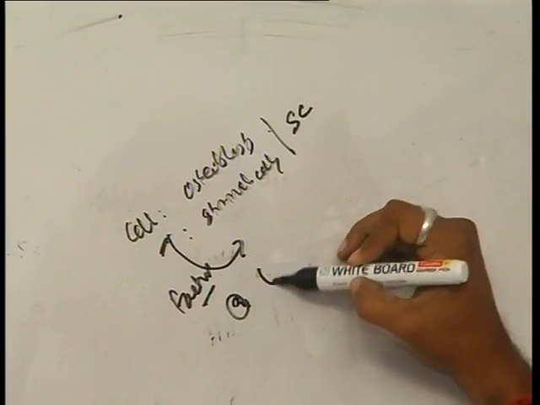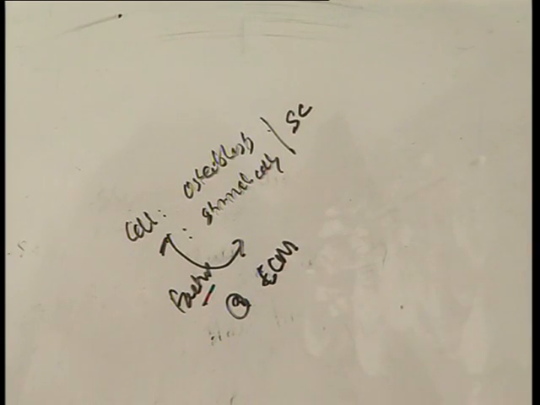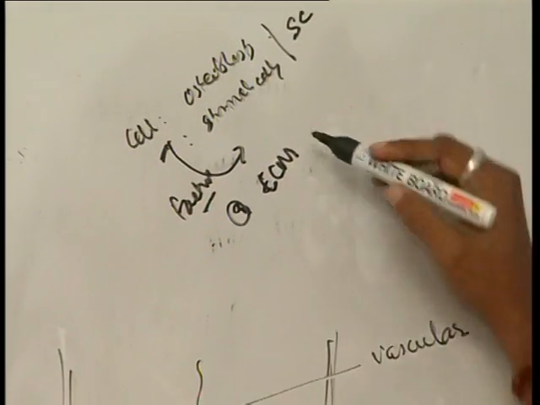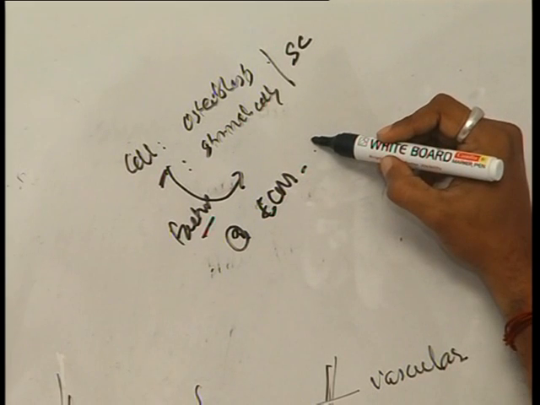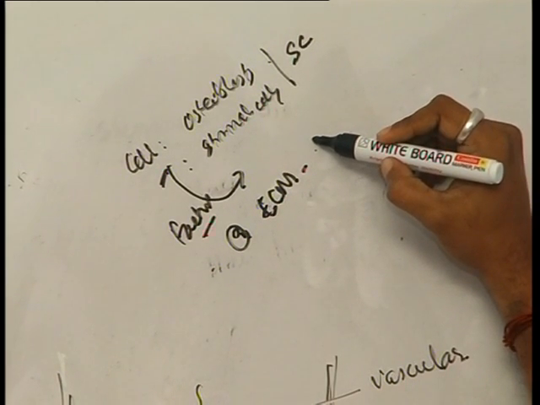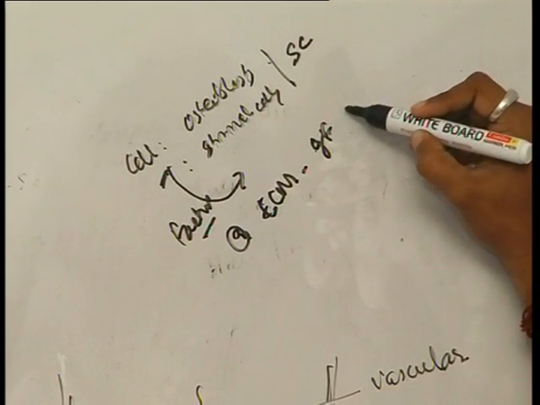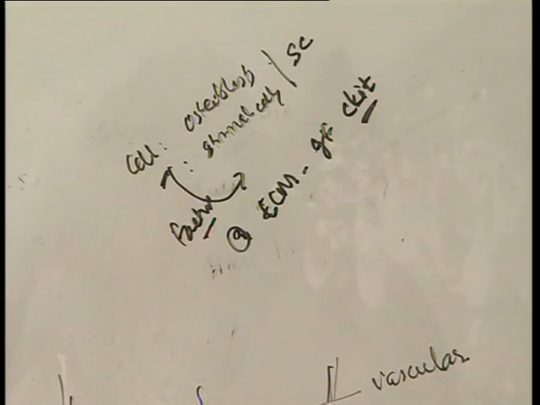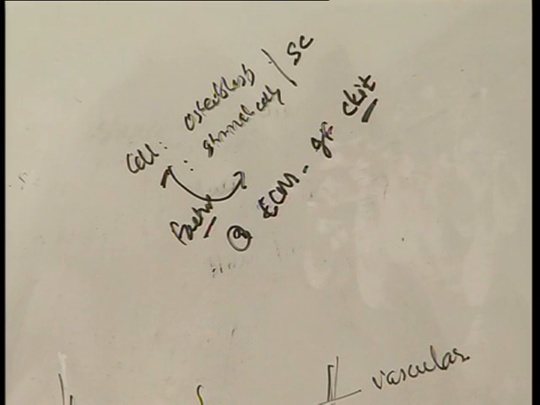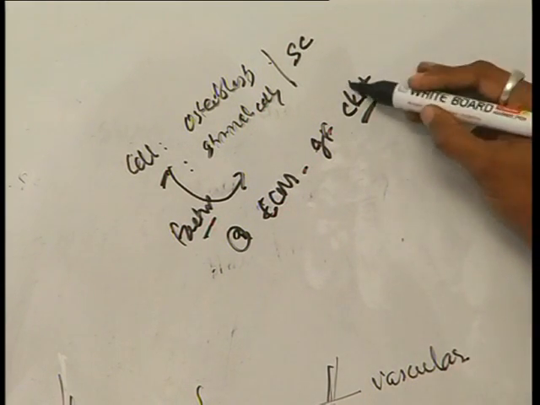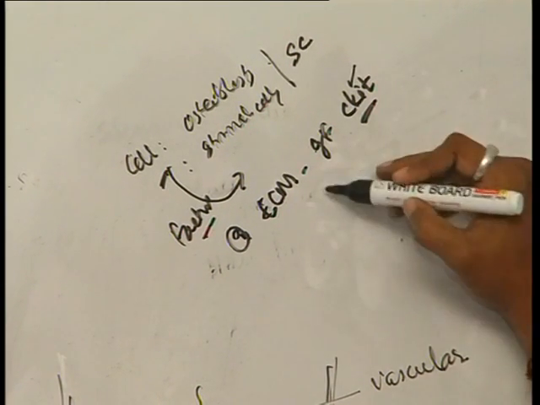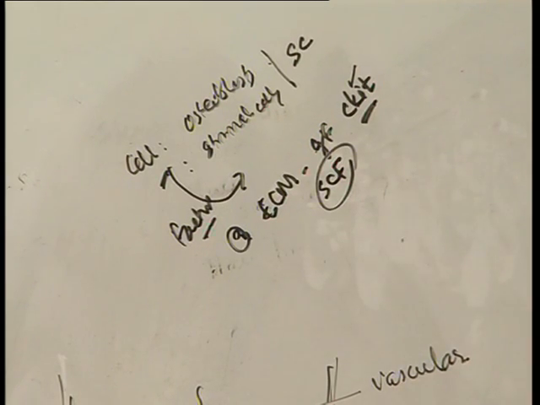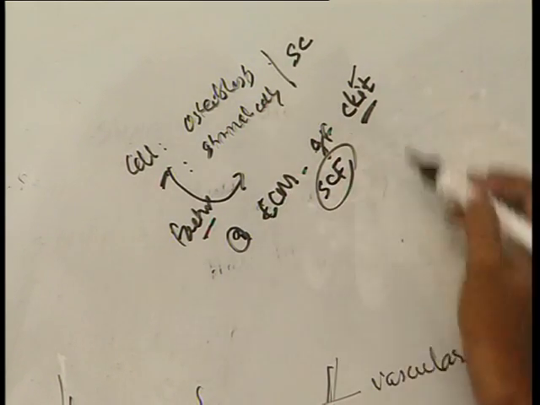And third, ECM. The extracellular matrix holds the growth factors such as c-KIT, the stem cell factors. So all these things are present.